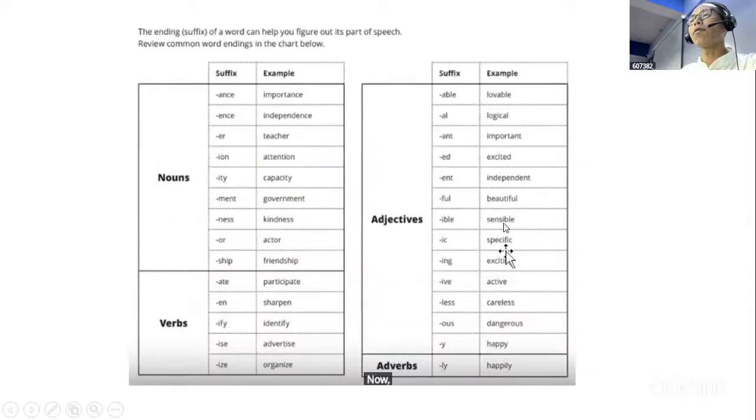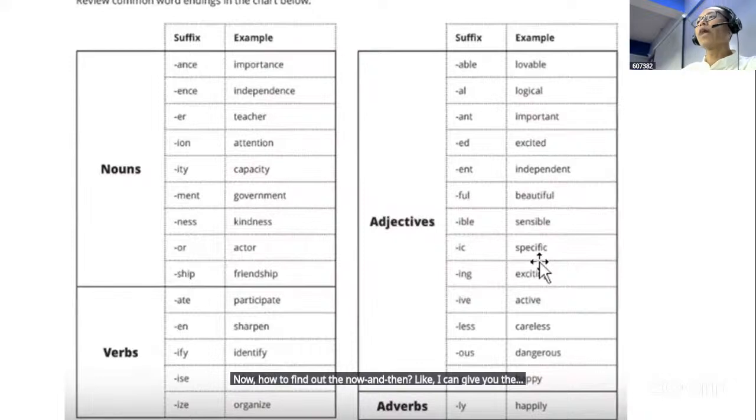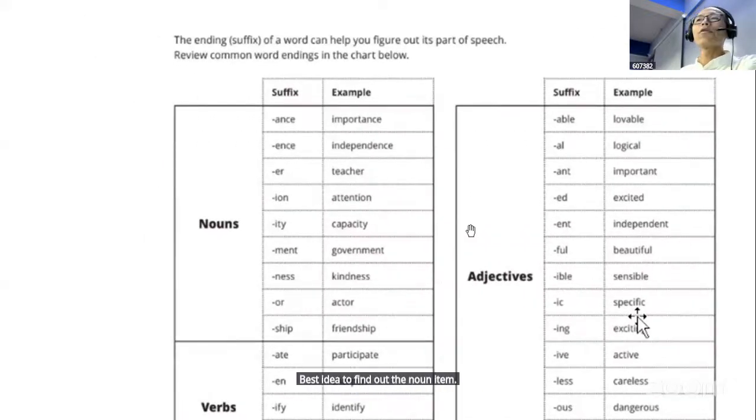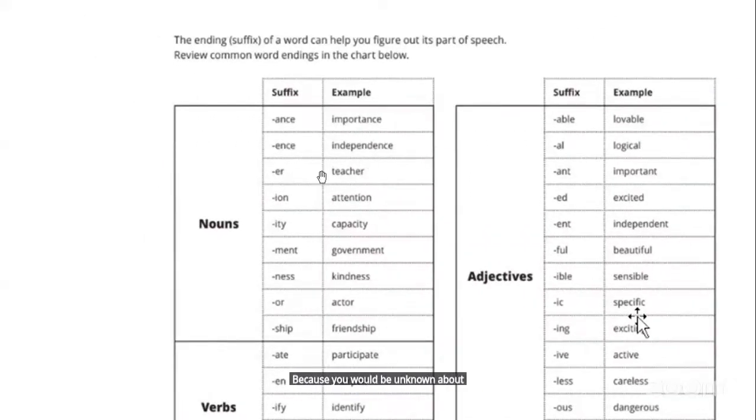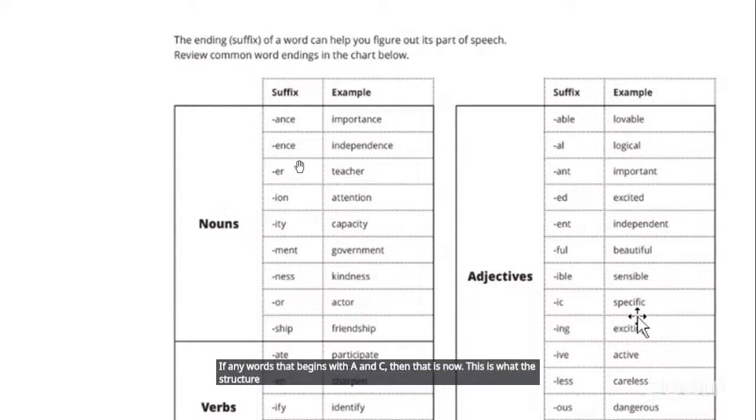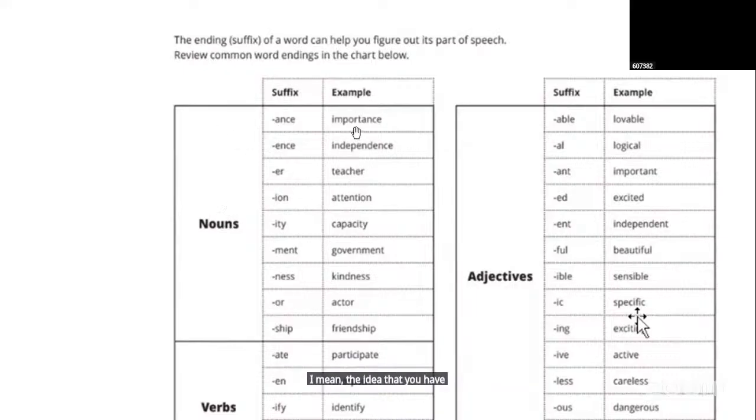Now, how to find out the noun then? I can give you the best idea to find out the noun item, because you might be unsure about nouns. If you see any suffixes, you have to see the last few letters of the word. If any word ends with ance or ence, then that is a noun. This is the structure, this is the idea that you have to be using, my dear ones.